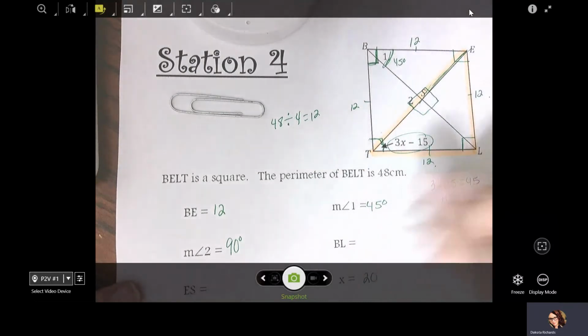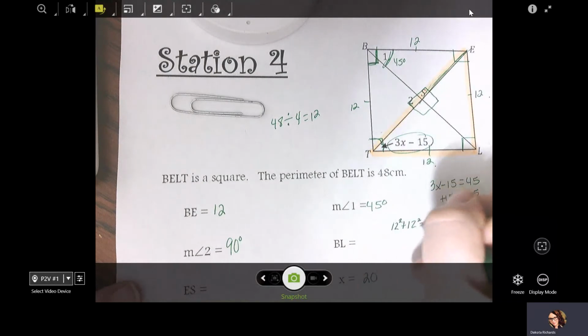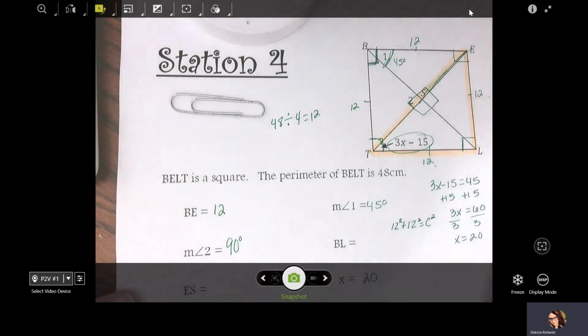12 squared plus 12 squared equals our c squared. That's the one we're trying to find. So 144 plus 144 equals our c squared. 144 plus 144 is 288. Take the square root of both sides, and you should get 12 square root of 2 equals our c.